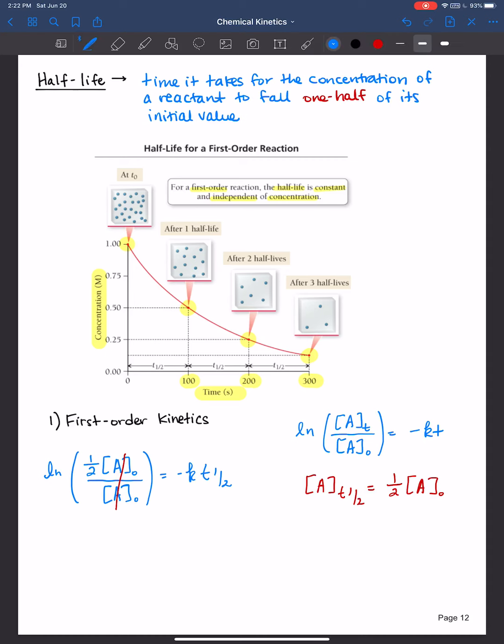So now we have the natural log of 1/2 is equal to negative k times the half-life, my apologies.